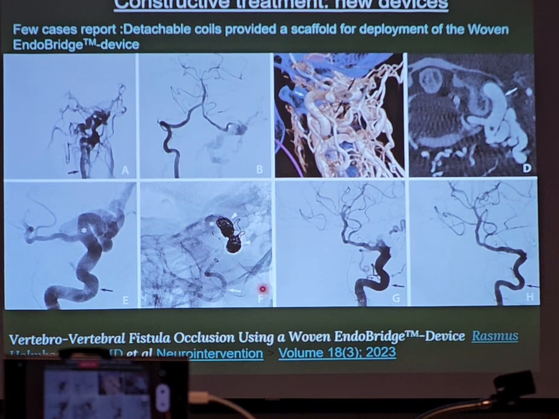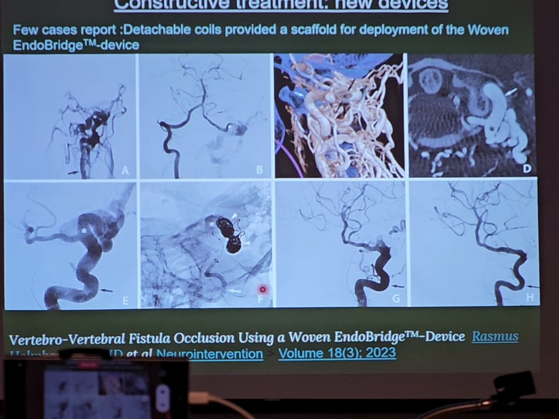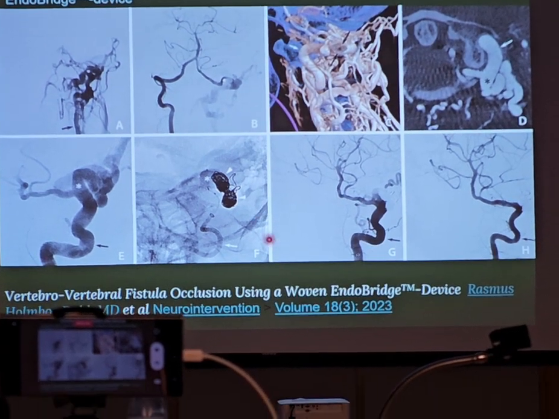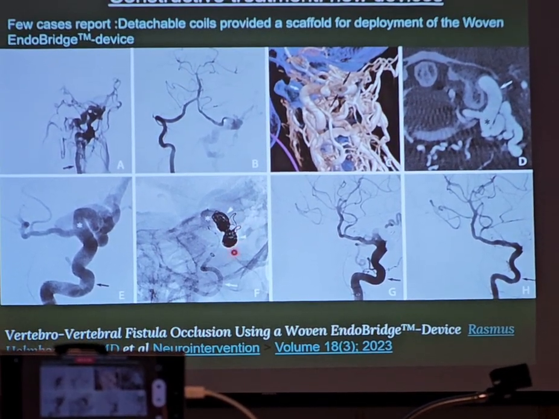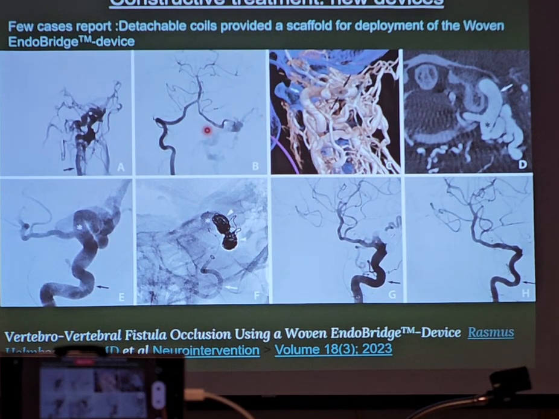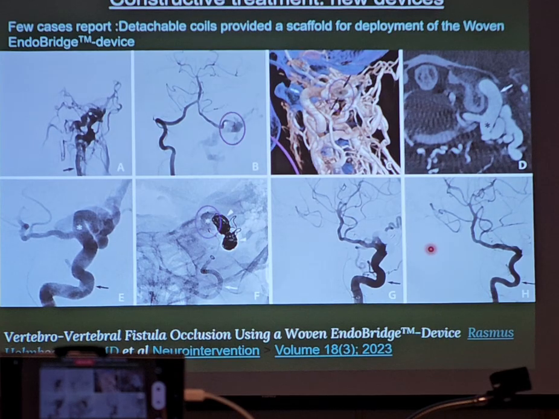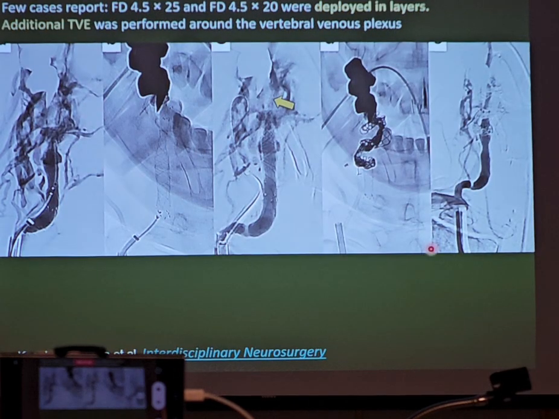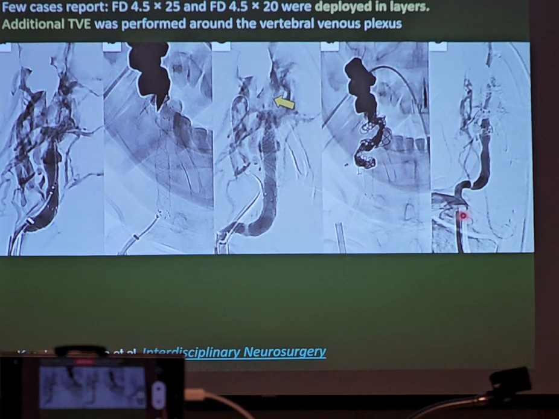I was having 2 slides of new devices. As you know, we don't have any more detachable balloons in the market. So people, if you cannot finish with the coil, people try to use new devices. For example, this publication of web, I would say that I never use by myself. I just say that sure, it is the same as the flow diverter, but make sure that you understand that usually in the fistulous type like this, you never use one flow diverter, but 2 or 3 or 4.